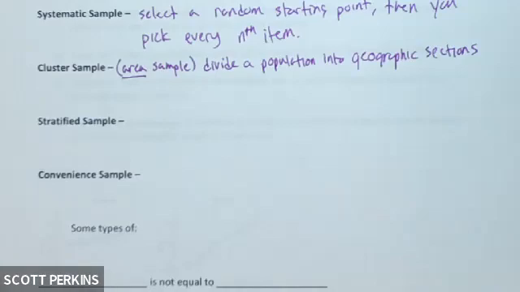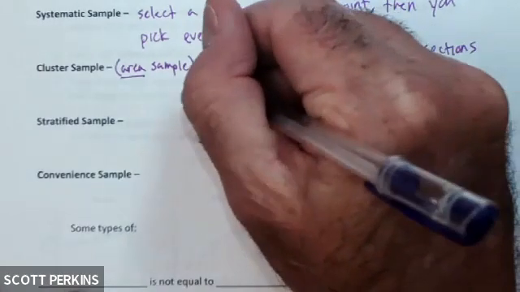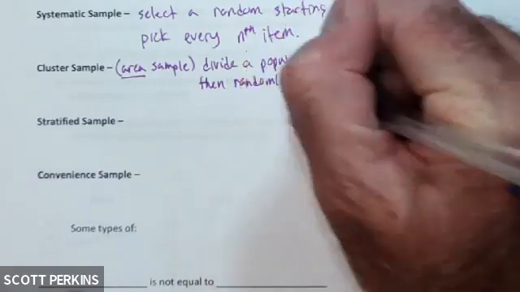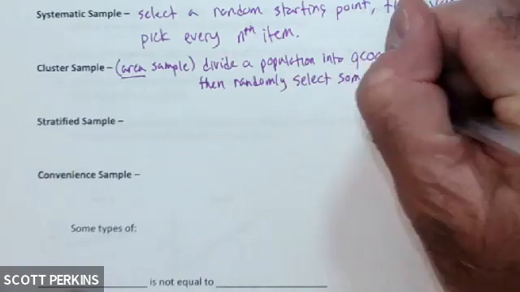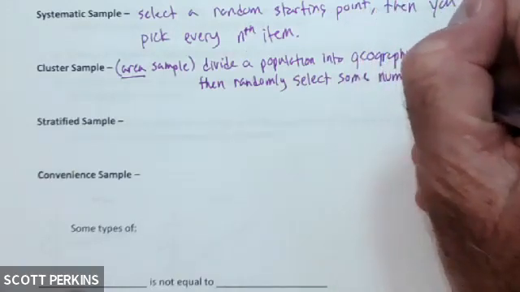Then you would randomly select some number of the sections.